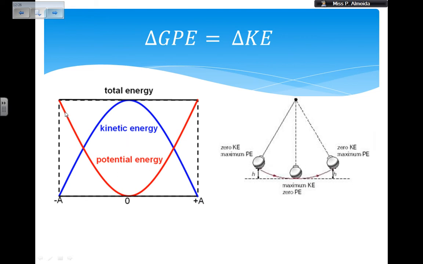My potential energy is doing the opposite. It is maximum at the edges, at the maximum displacement, 0 at equilibrium, and then it increases again to the maximum displacement. So my change of gravitational potential energy equals my change of kinetic energy, okay?